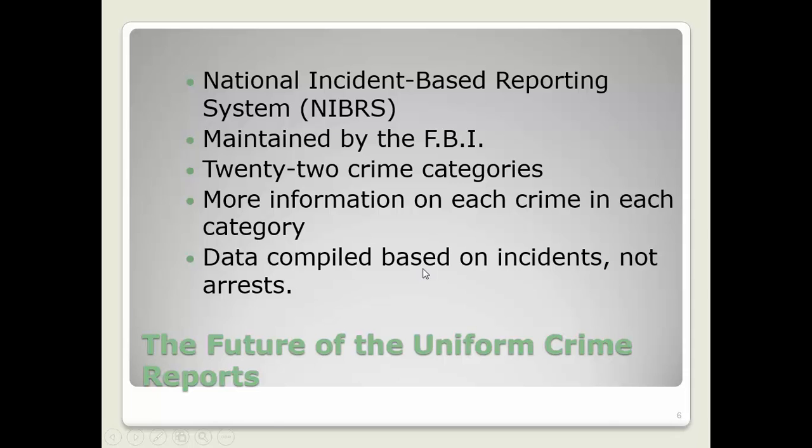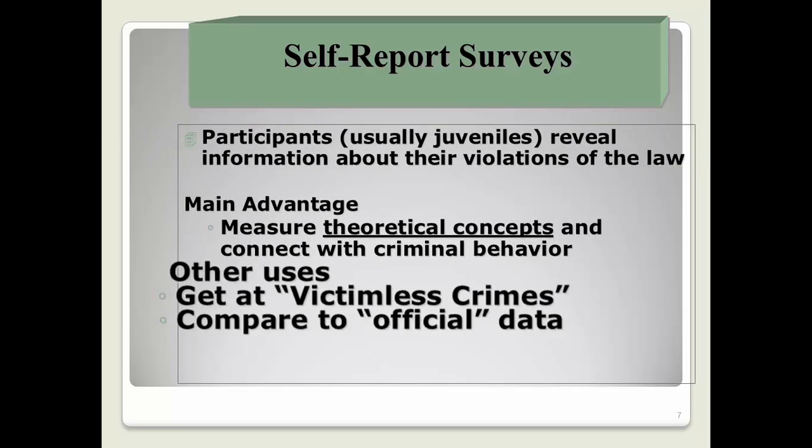It's still crimes reported to the police, but instead of crimes, it's now incidents. So in the scenario where I break into your house and commit 5 other crimes, that would all be one incident in NIBRS that is broken down into the several crimes. So it's more detailed information, but so far it's being used only by pointy-headed academics and not by the media. The media still reports the UCR version of the data.